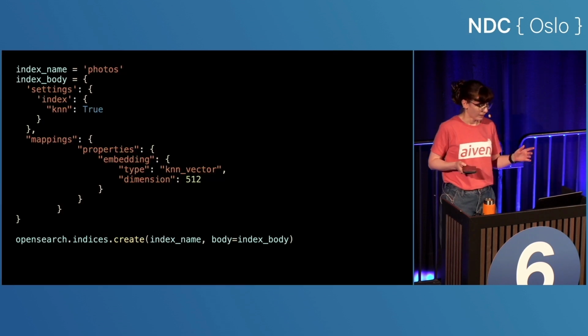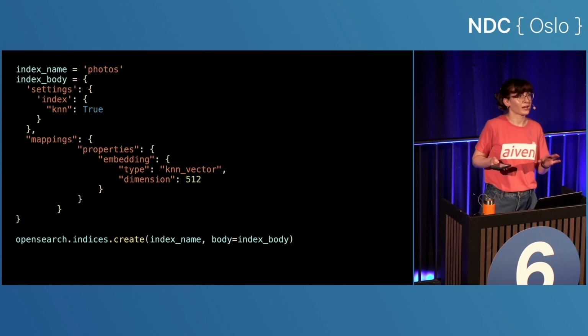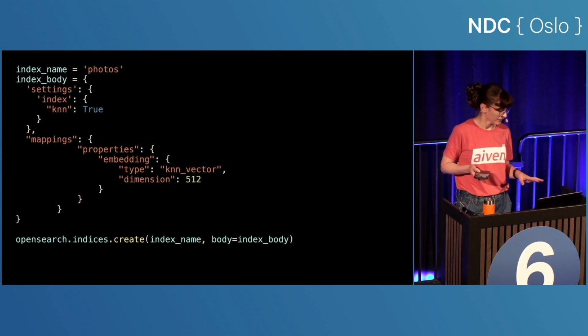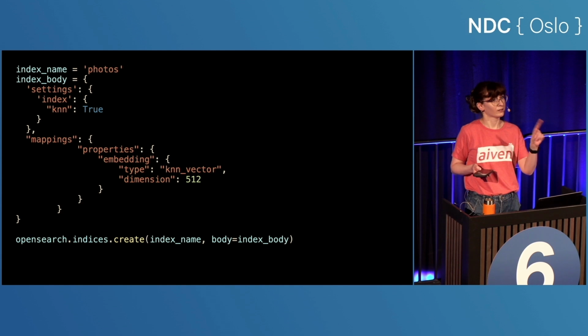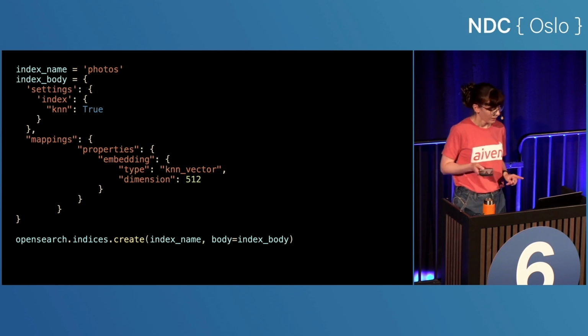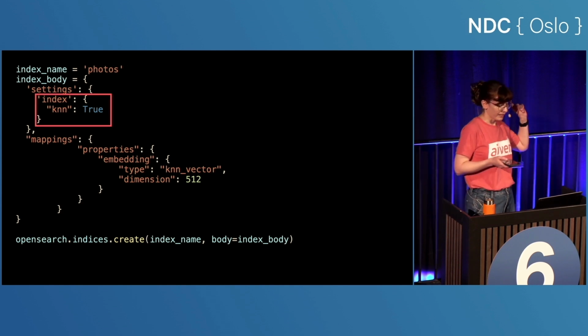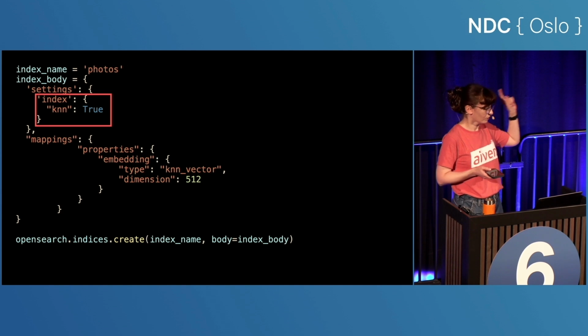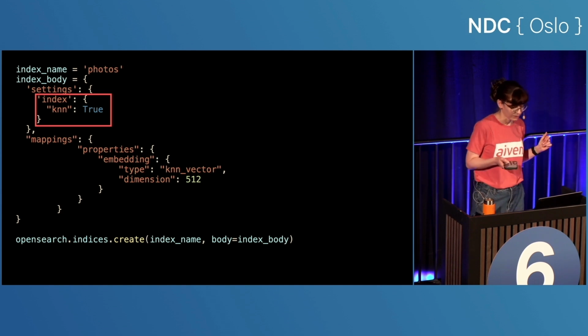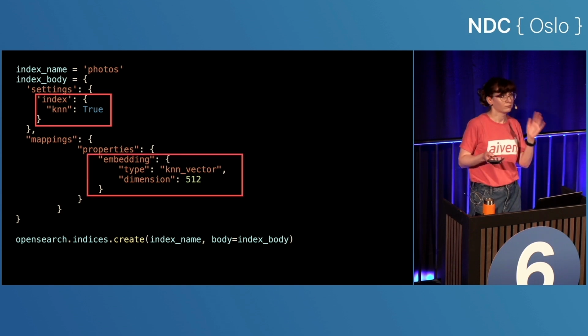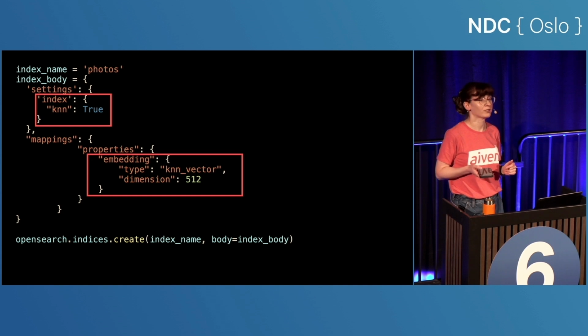So if you're familiar with Elasticsearch, you will probably at least recognize some of that code, even though the KNN in Elastic and in OpenSearch works differently. Here we indicate that when we create an index, we want to have KNN search enabled, and OpenSearch also wants to know how many dimensions it should expect in your data.